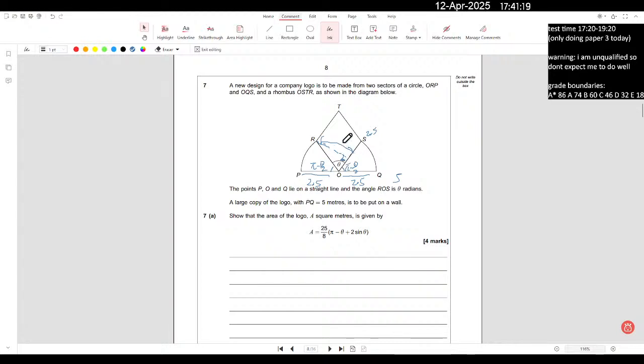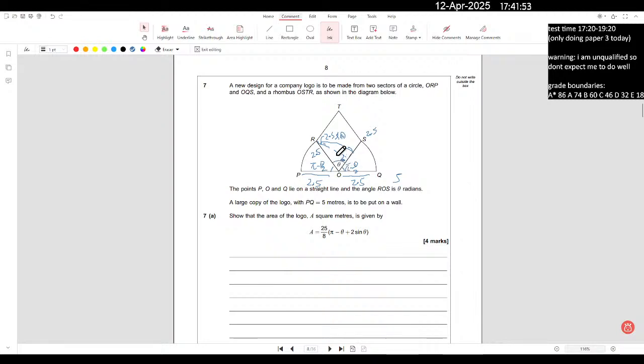Theta. Trying to think what this is. Right, yeah, this is 2.5, so this is 2.5 sine theta.